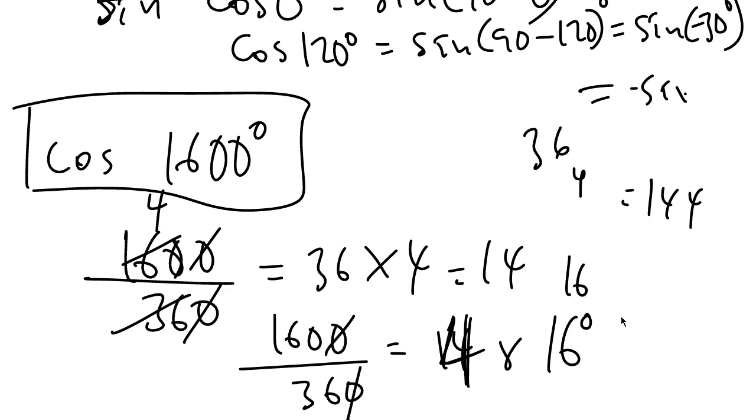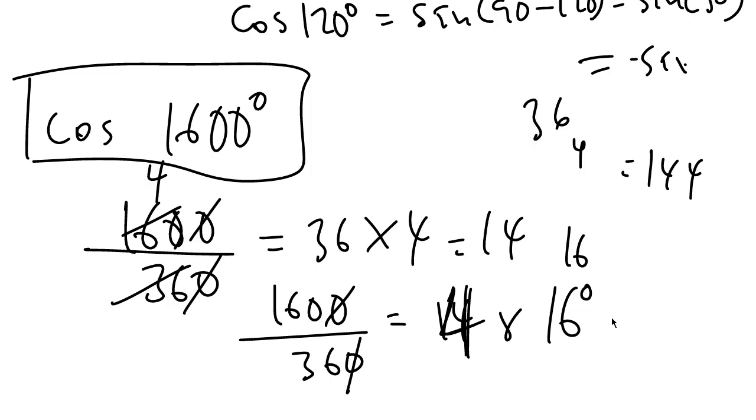So you have 16 degrees left. Are you following? 16 degrees left. So it's very simple. What you now have is cos 16. Do you understand? So cos 16 is the answer.